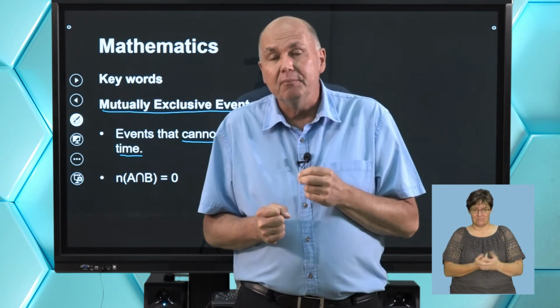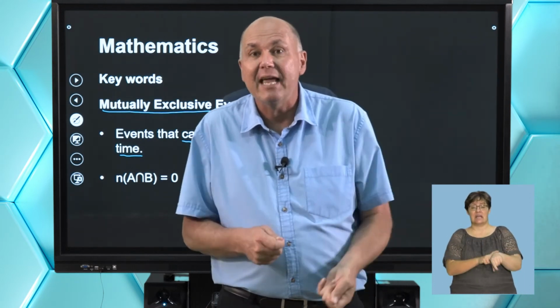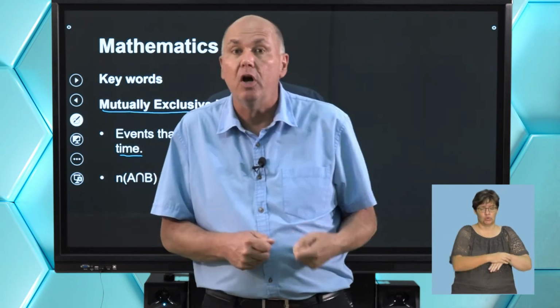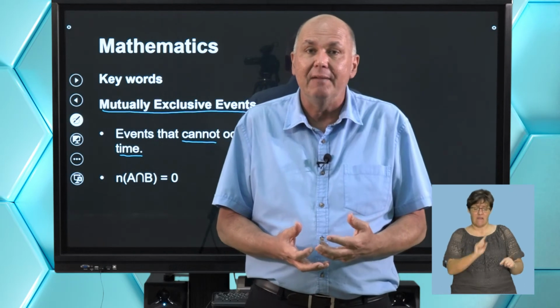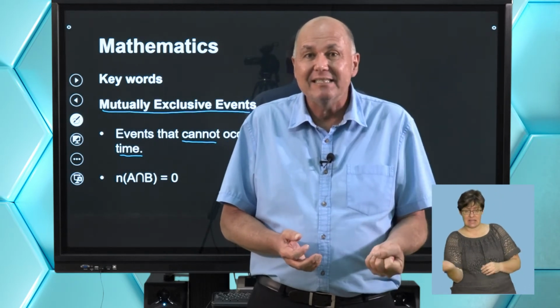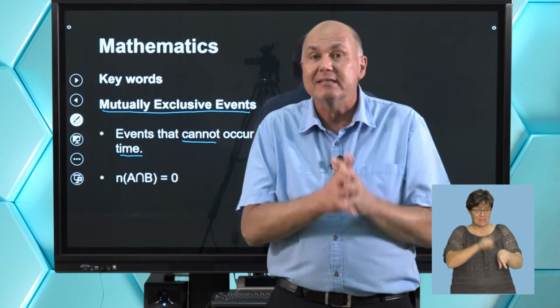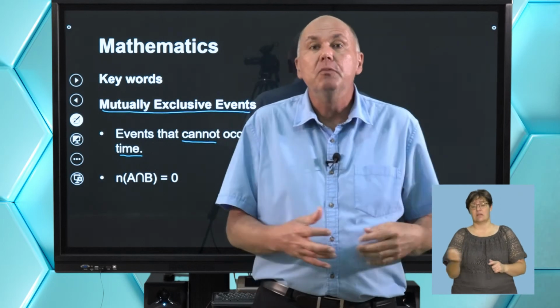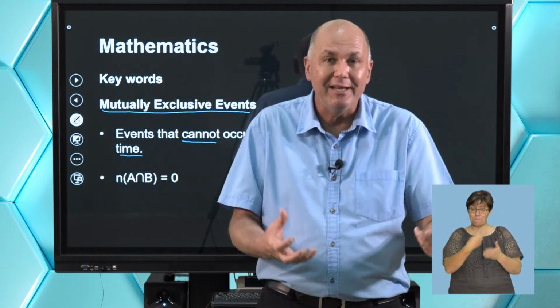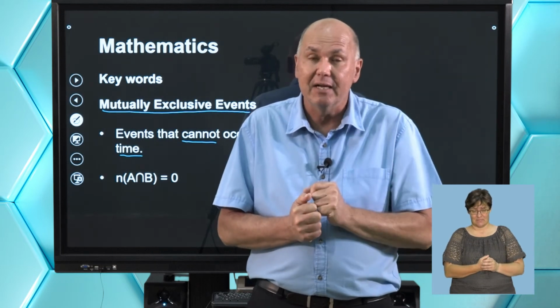For example, you can't put a sock on your foot at the same time as putting a shoe on that same foot. It can't happen at the same time. You can't take a dice and roll it and get a 6 and a 3 at the same time. Rolling a 6 and rolling a 3 would be mutually exclusive events.